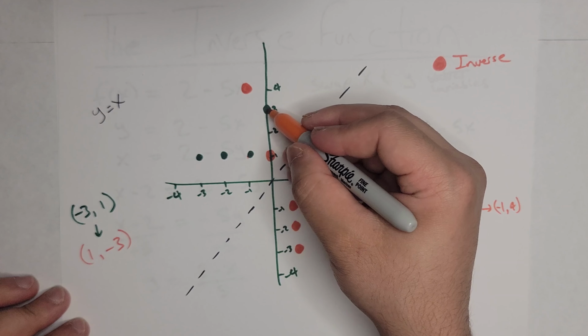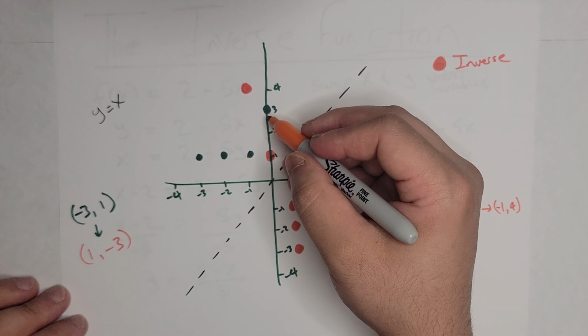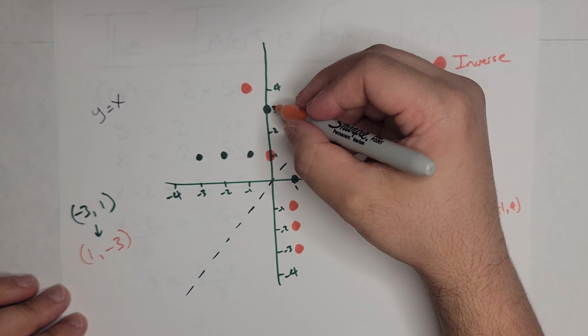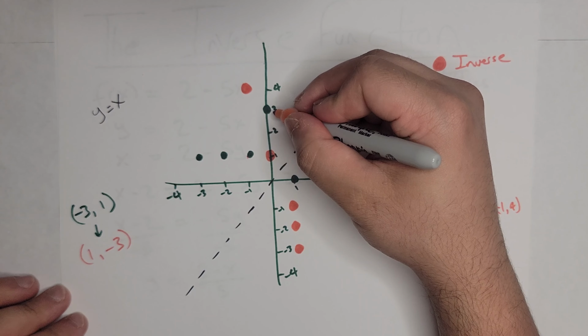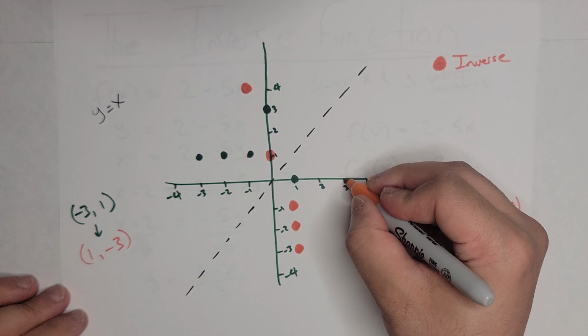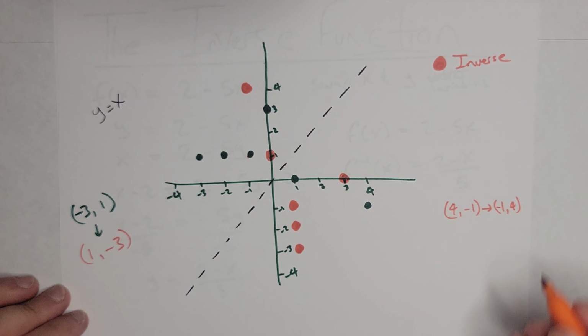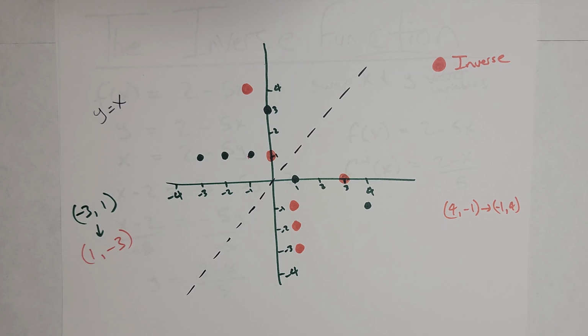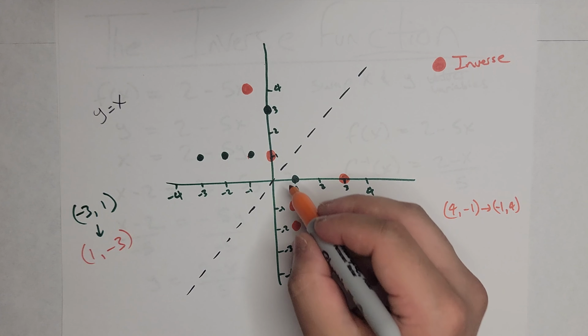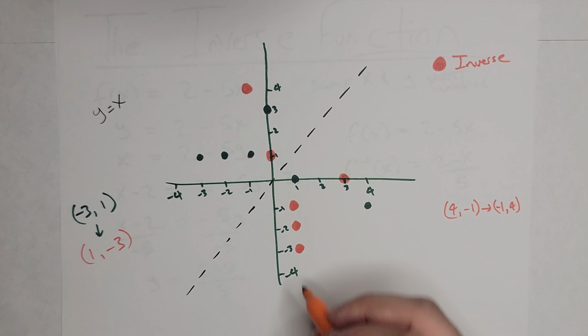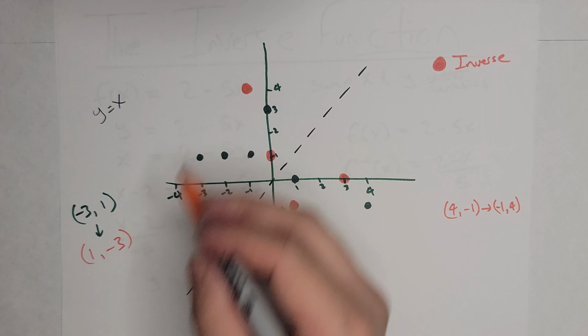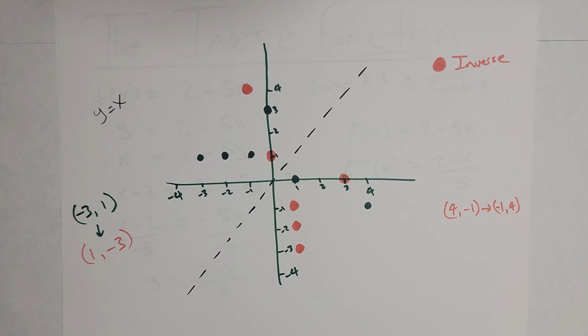Oh, this one. I have 0 comma 3. That becomes 3 comma 0. And our 1, 2, 3, 4, 5, 6 points have been plotted. And it's as simple as that.